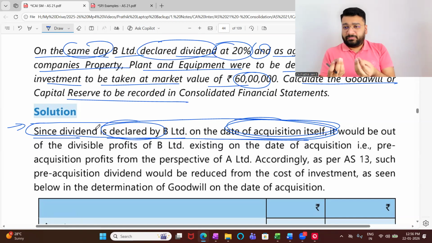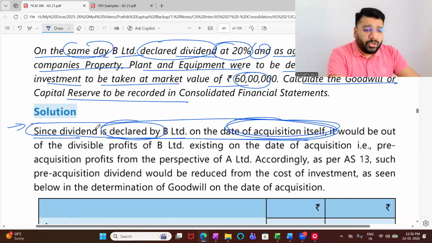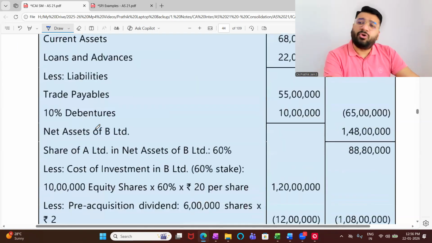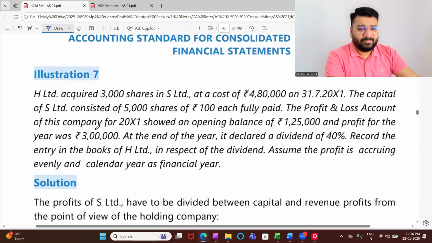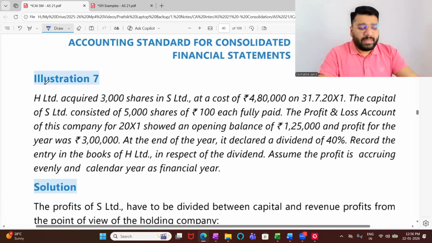So you have to inform on what basis you have taken the question and done it. Whether you say this as a note or assumption doesn't matter. Both are one and the same. But a note is required. If you don't like assumption, go with note. No problem. Okay, happy? Now, can I go to illustration 7?